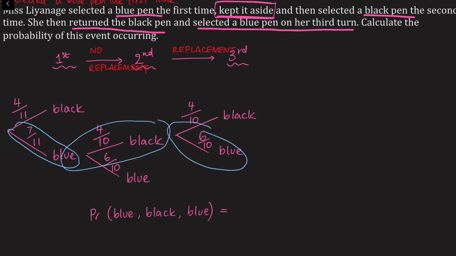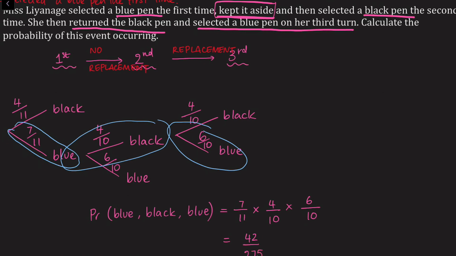So that's going to be 7 out of 11 times 4 out of 10 times 6 out of 10. Multiplying my probabilities together, I'm going to get 42 divided by 275.